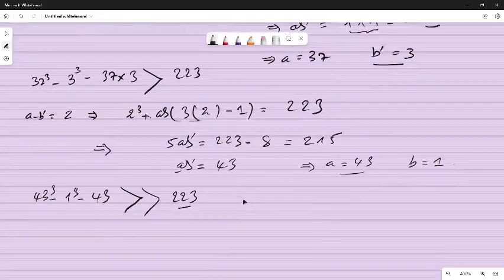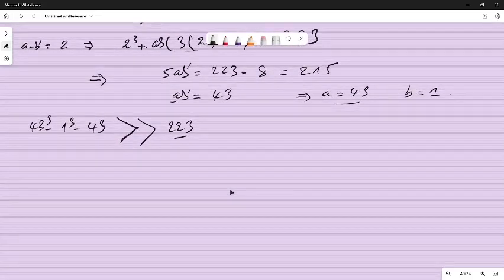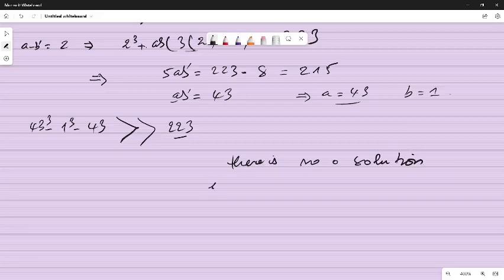We continue like this to prove, and we get that there is no solution in the case A positive and B negative.